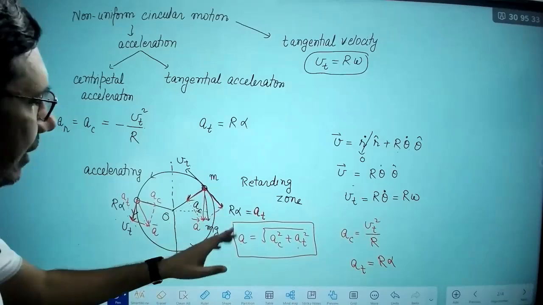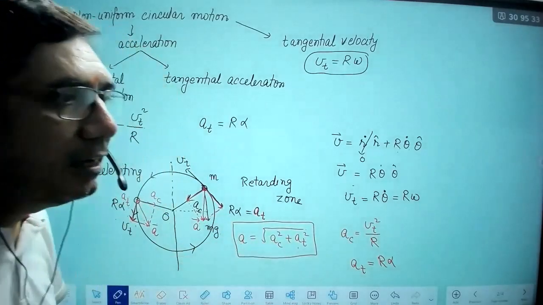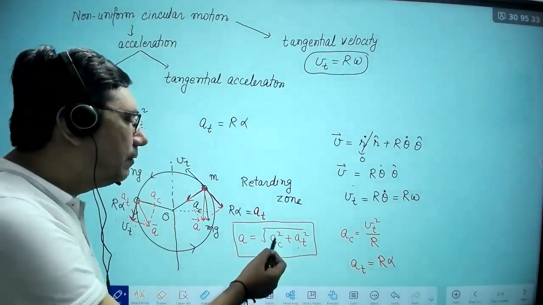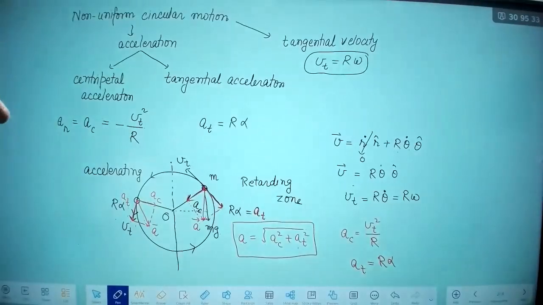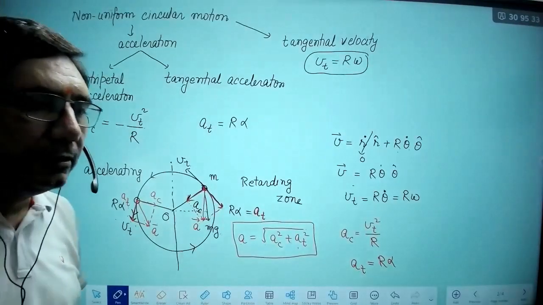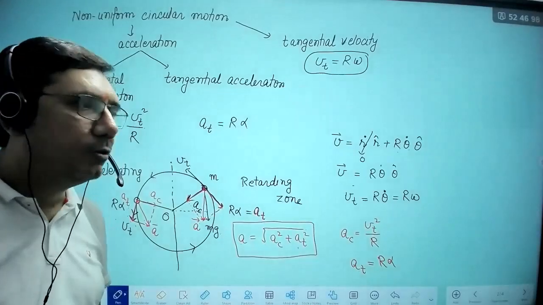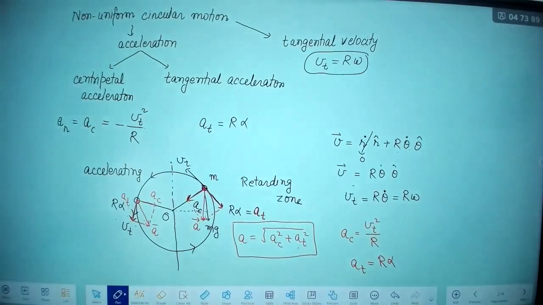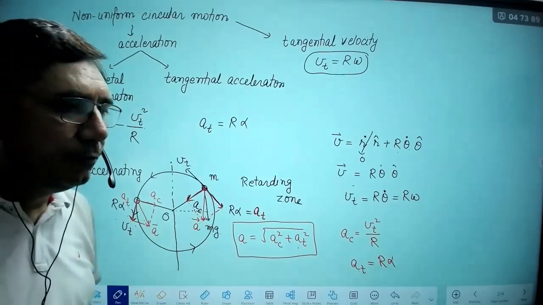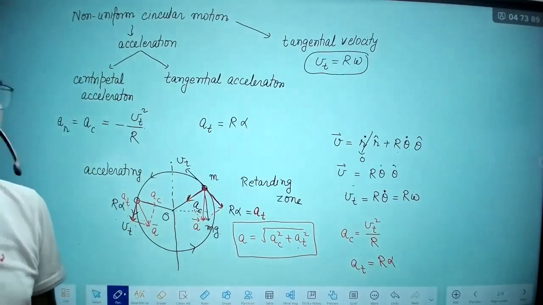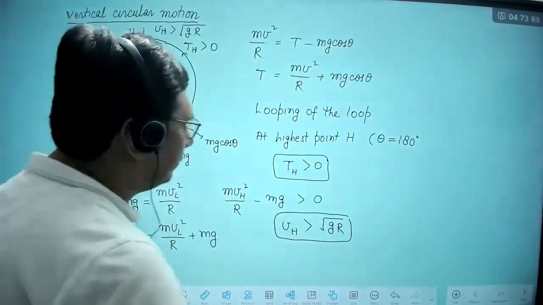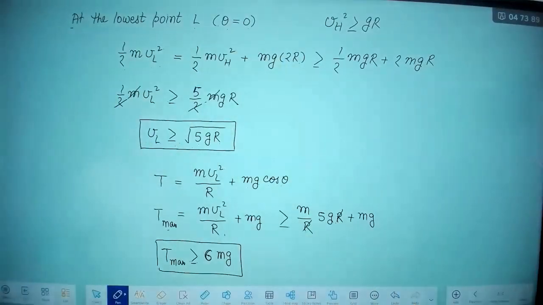In both cases I have shown you that A, the resultant acceleration in case of non-uniform circular motion, will be square root of AC square plus AT square. So this is all about polar coordinate systems, uniform and non-uniform circular motion. I have discussed each and every aspect of these motions. Now you can solve any type of numericals. This is the last slide.